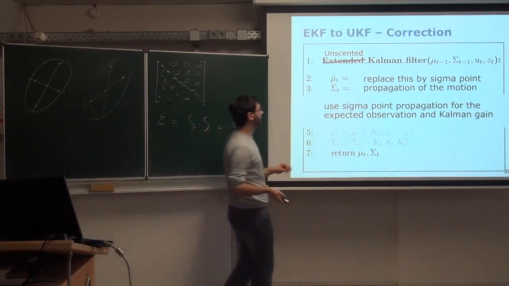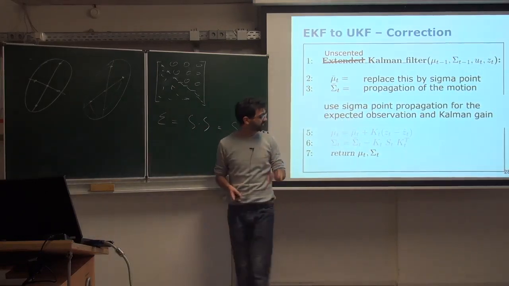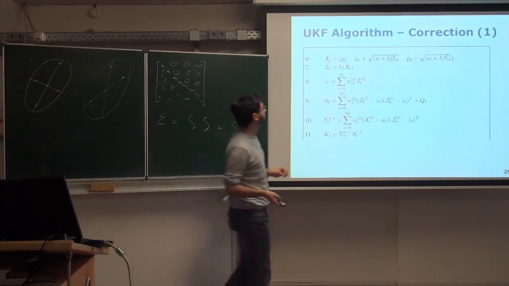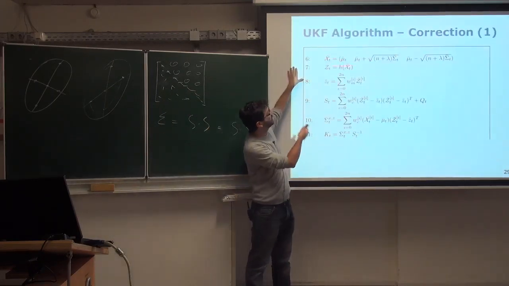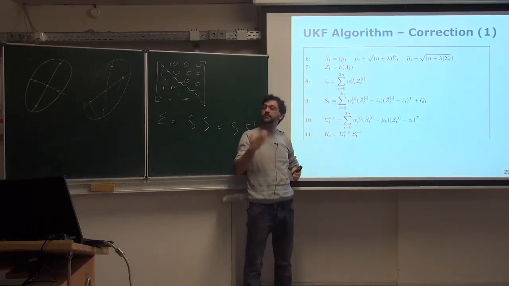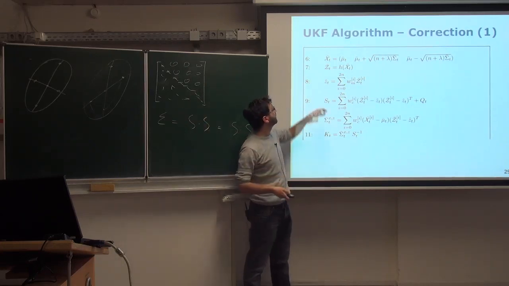When we do the correction step, we still need to use the sigma point propagation for the observation, but there is a slight twist for doing things correctly. So the first thing to consider is we take again the sigma points of the predicted state, and in principle we don't have to compute them again because they will be the same ones that we got before, just the transformed ones, right?